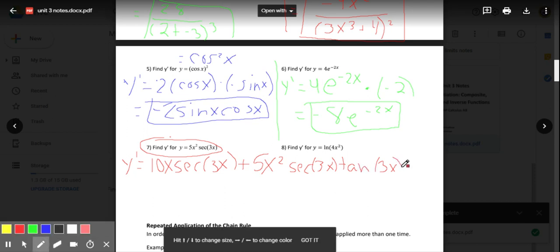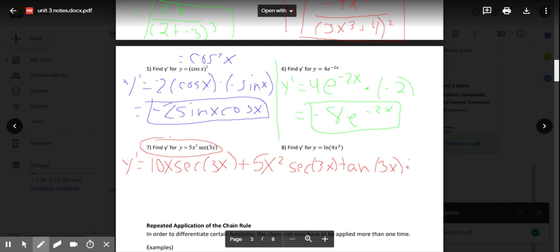All right, so that's the derivative of secant. So that's the derivative of the outside function, but we need to remember that we had an inside function, which was 3x. So we need to then multiply by the derivative of 3x, which is 3. So I'm not going to go crazy with simplifying. 10x secant of 3x stays the same.